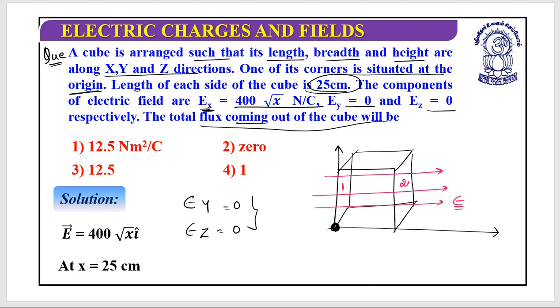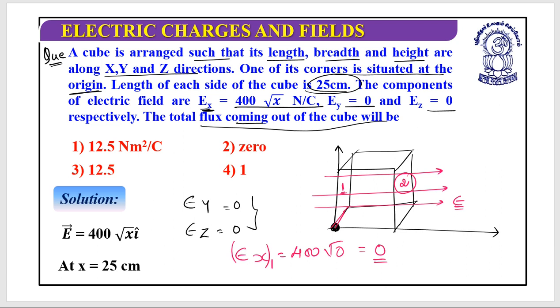But this first face has Ex equal to 400 multiplied by root of 0 because it is at the origin. So again this is 0. So only this face can contribute to the flux. None of the other faces can contribute.